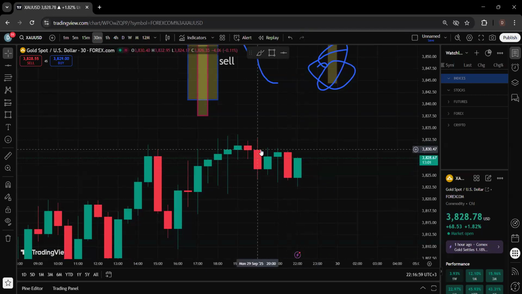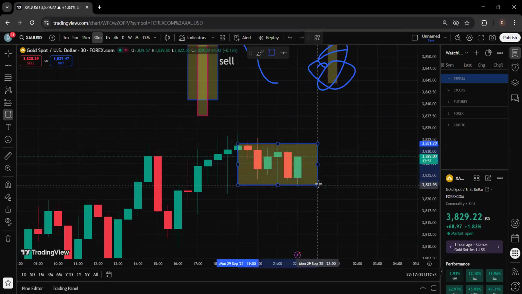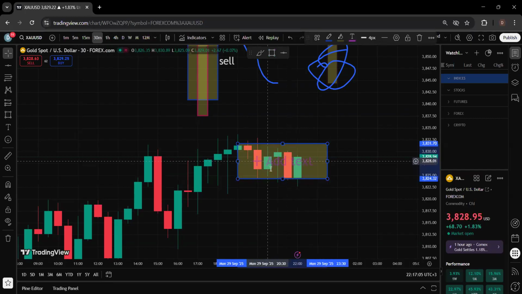Sometimes gold can give you a fake breakout. For instance, there was a breakout on the lower side, but the gold still came back to the same region. I'll talk about all that. But remember, the market makers will always play around with the market. Not all the time will the market break the zone, then go to your side as projected.